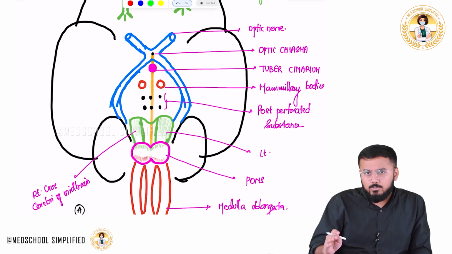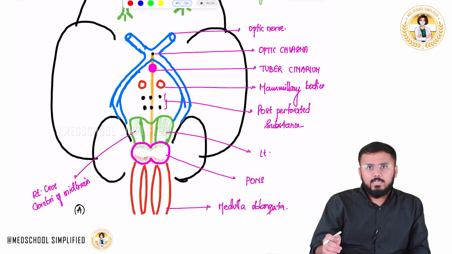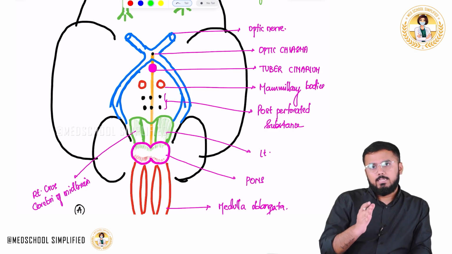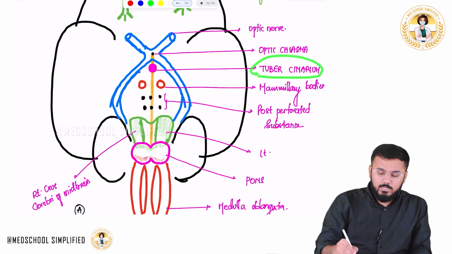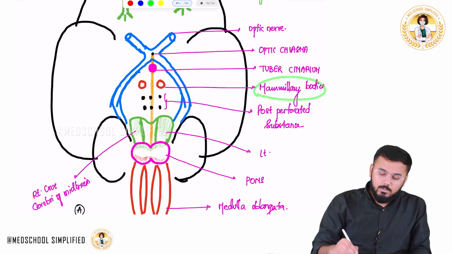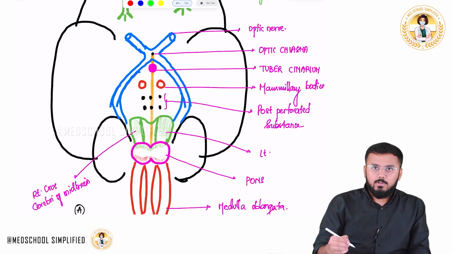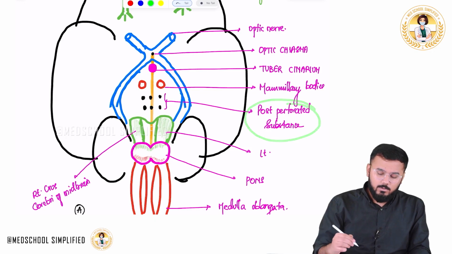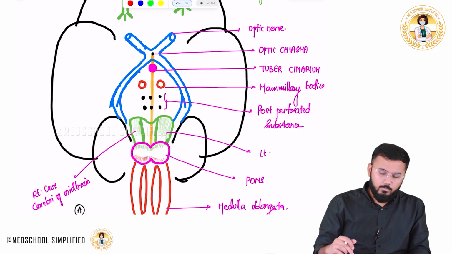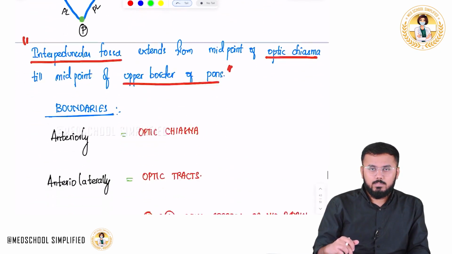So exactly speaking, what are the structures that it is coming nearer to? The first is the tuber cinereum, and the second structure where the line is passing nearer to is the mammillary bodies, and the third structure where the line is passing nearer to is the posterior perforated substance. Okay, so these are the three important structures where this line is passing through, right?